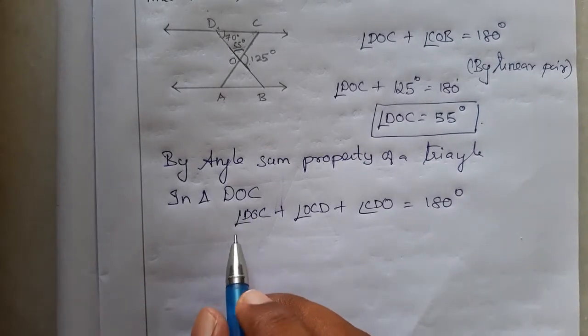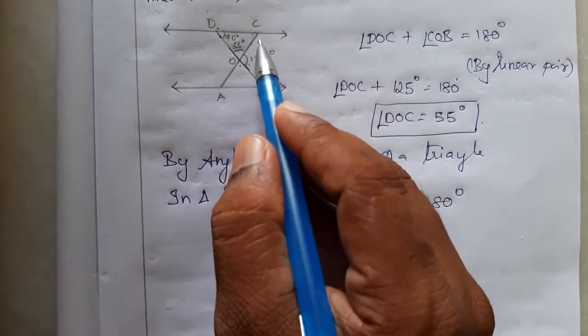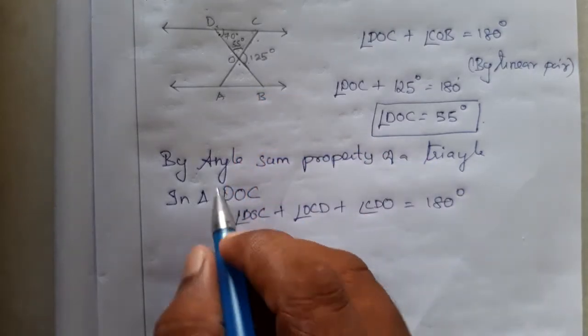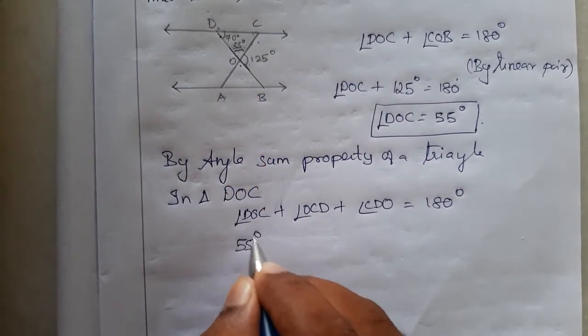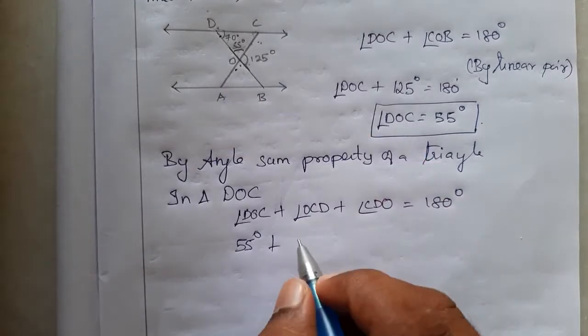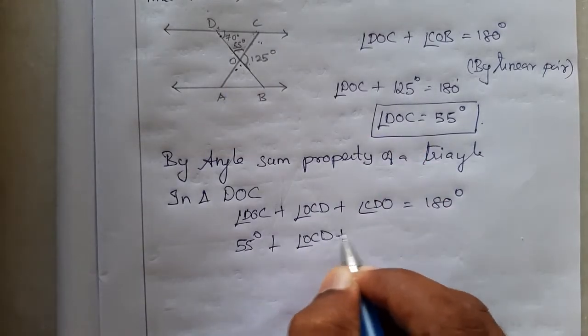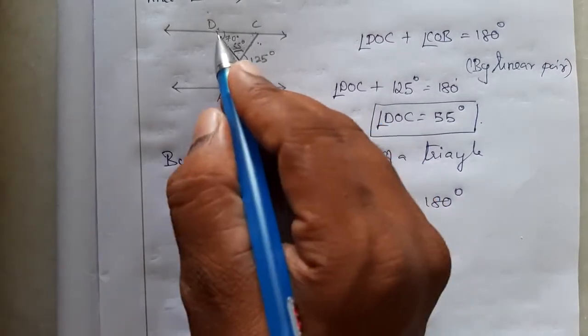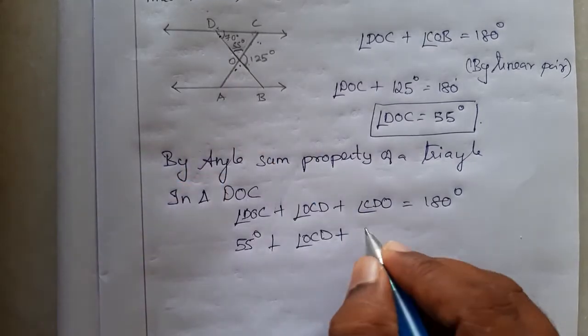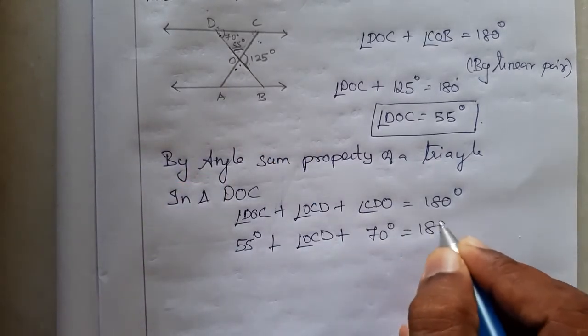Angle DOC is 55 degrees, plus angle OCD, which we have to find, plus angle CDO, which is 70 degrees, is equal to 180 degrees.